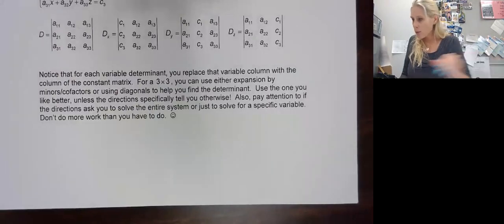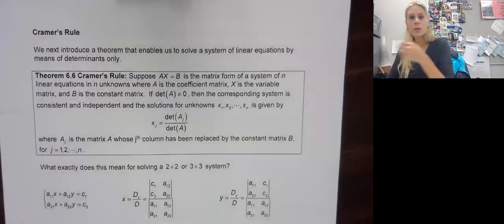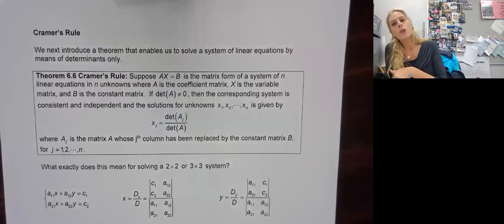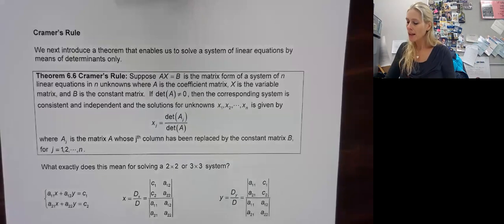So what are we going to do with it? Well, we're going to use the determinant to solve for linear equations, just like we've been doing, but in a different way. When we use determinants to solve for linear equations, it's what we call Cramer's rule. Okay, so this is a lot of stuff on this page, so I'm going to try to summarize it.